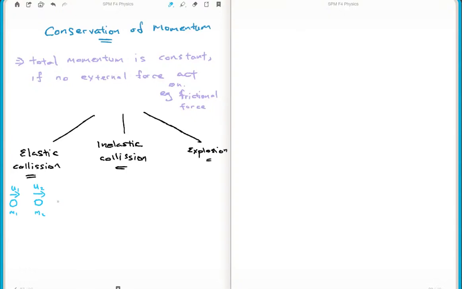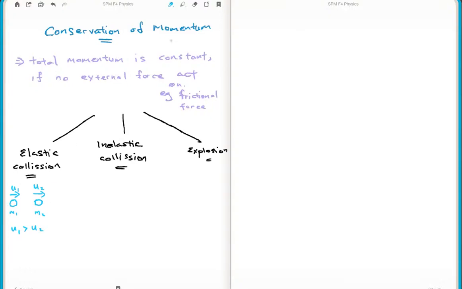For the case u1 is greater than u2, obviously they will collide, because u1 is moving faster than u2 over the same path, so u1 is going to collide with u2.